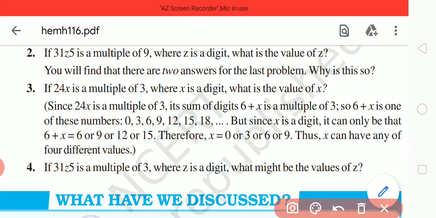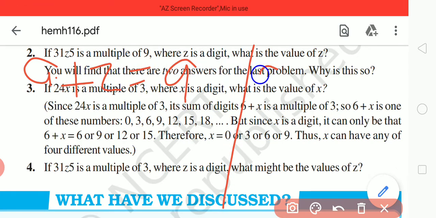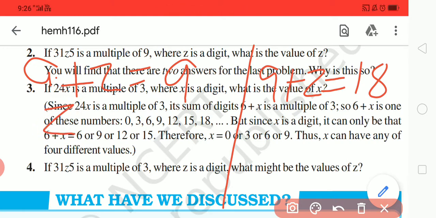So 9 plus z we will take equal to 9, the first multiple, and also 9 plus z equal to 18, and then 27, and then 36, and so many numbers you can try here. So z is equal to 9 minus 9, so z is 0. Yes, it can be possible, so the value of z can be 0.